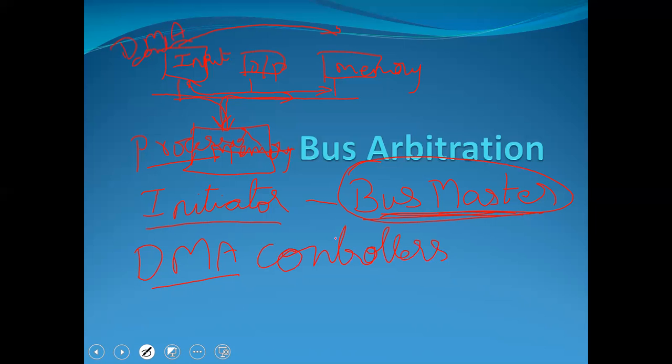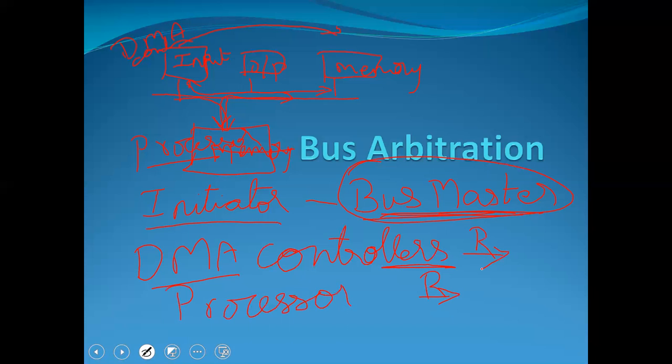I'm saying DMA controllers because many devices can have their own DMA controllers. And there can be a request from the processor also to access the bus. So there is a competition for the bus access.